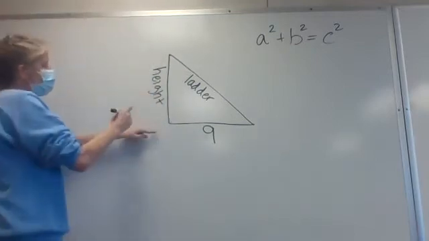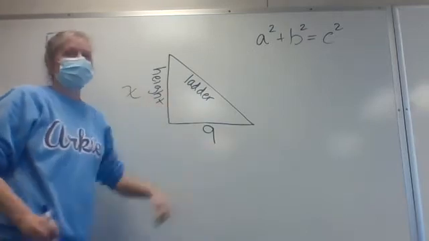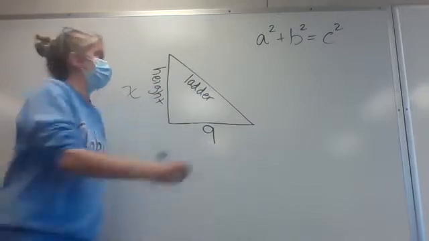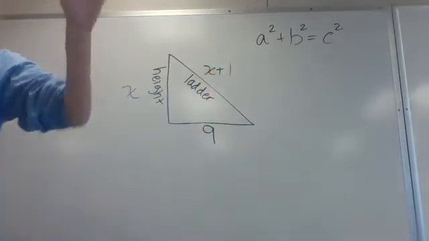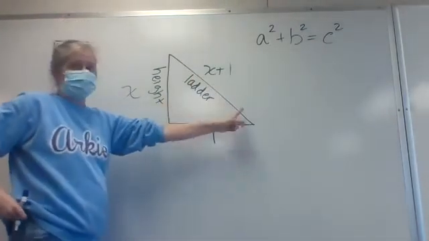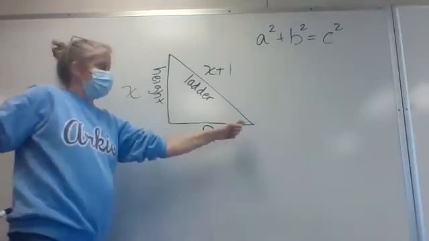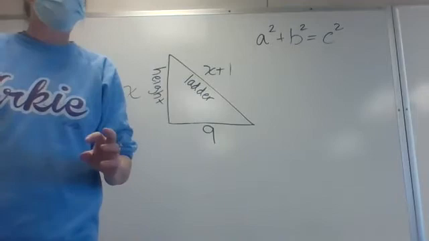So that means the height is x. And what is the length of the ladder if it's the very next number? X plus 1. Good. So the side that you knew on the last problem was this side, right? This time you know this side. So just make sure you label all the sides correctly.